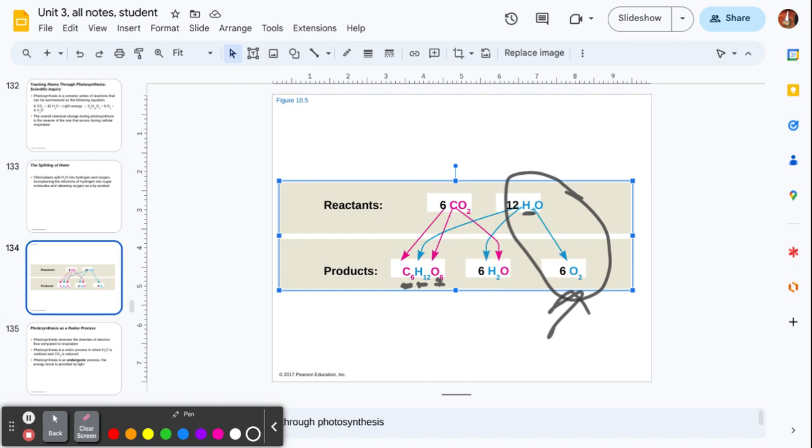So the water gets split, oxygen gets released, and that's the oxygen we breathe in. It came from a water molecule. Okay, which I think is kind of cool. Just like our oxygen that we breathe in becomes water that we sweat out. Right? Same idea.